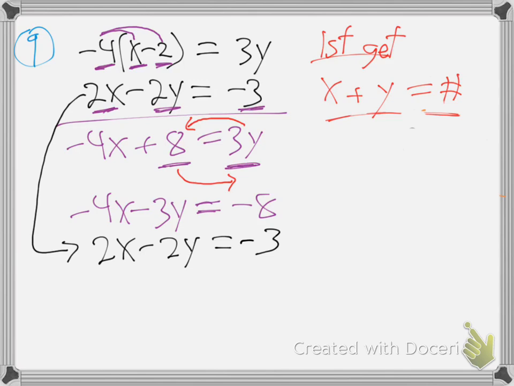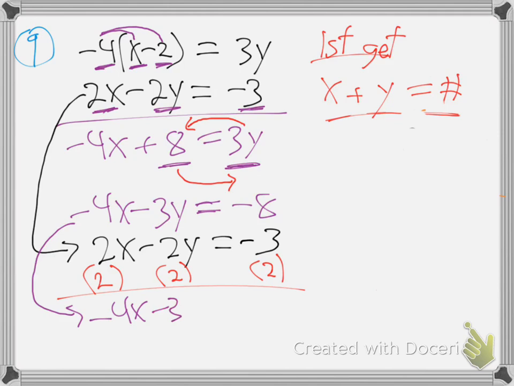So I'm going to make this a plus 4x by multiplying through by 2. So let's do that. 2, 2, 2, all the way across like that. And so then what are we going to get? So I'll bring down that top equation unchanged. Minus 4x minus 3y is minus 8.